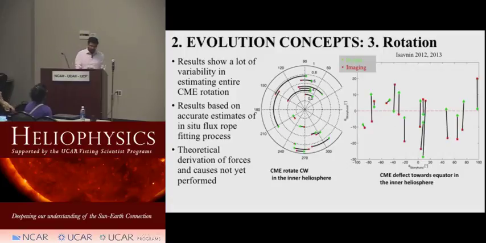Now, there are again lots of assumptions that go into estimating what the orientation is with in situ data. But what's clear is that it's not necessarily that simple. You're getting a lot of variability, and that's either down to the assumptions or that perhaps there are some other forces that are actually acting on this.